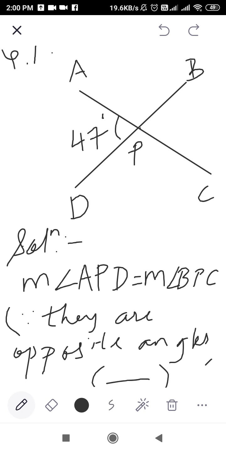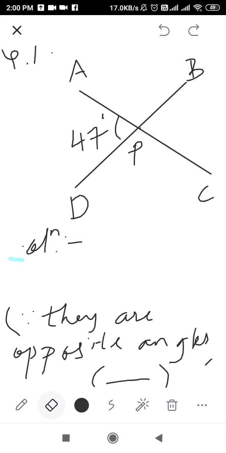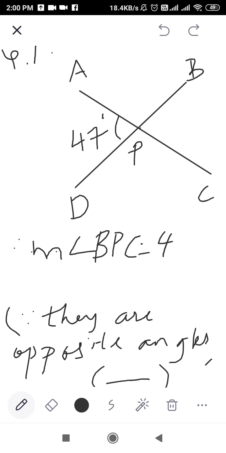Since opposite angles are congruent, that you will mention here in the bracket. So now therefore measurement of angle BPC is equals to 47 degree.